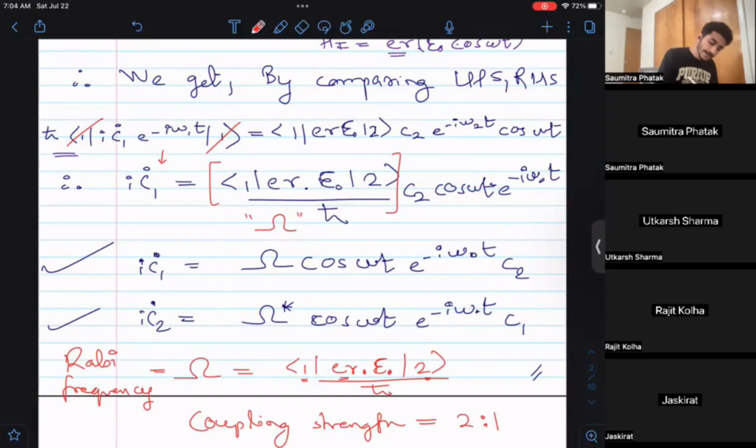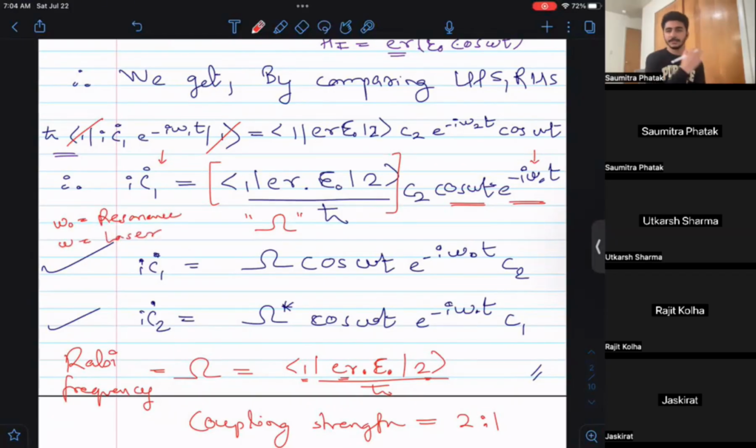times C2 times cos omega t, and there is a phase factor e to the power minus i omega naught t. If you see carefully here, omega naught is the resonance frequency, and omega is the applied frequency of the laser.